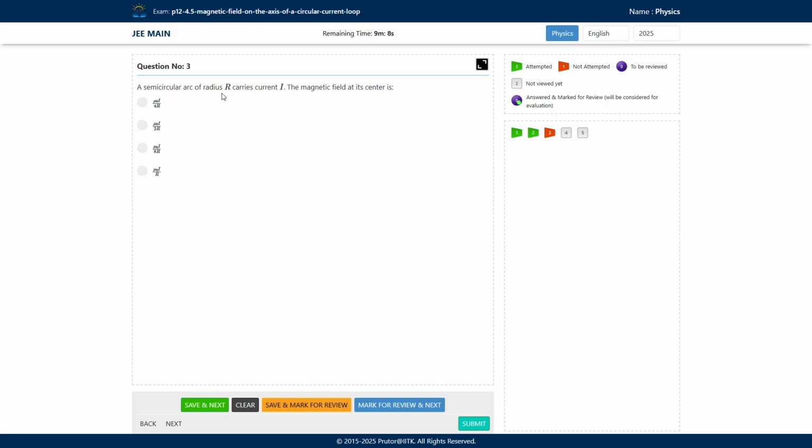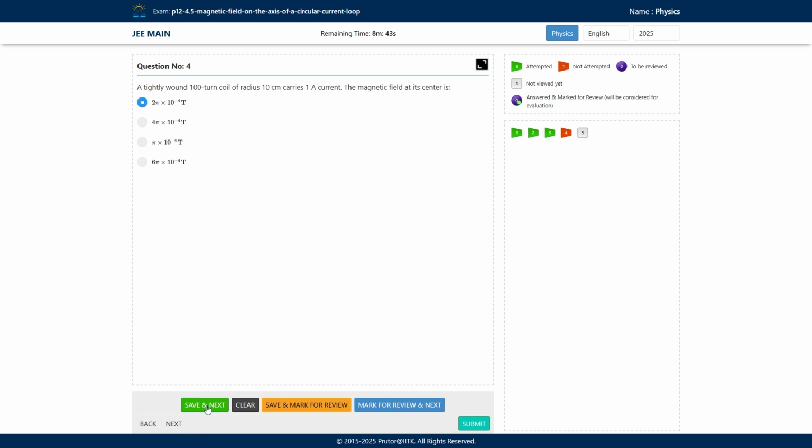A semicircular arc of radius r carries current I. The magnetic field at its center is. A tightly wound 100-turn coil of radius 10 cm carries 1 ampere current. The magnetic field at its center is. So I am marking randomly.